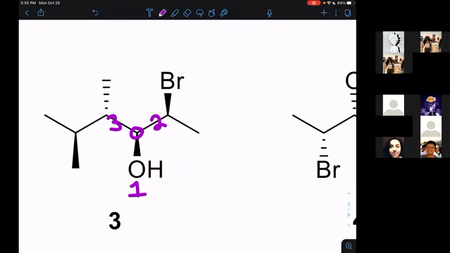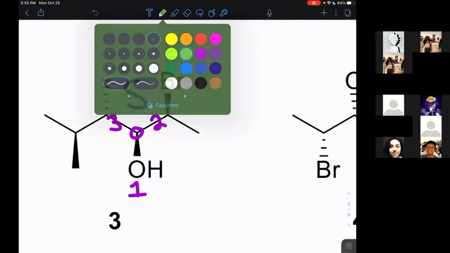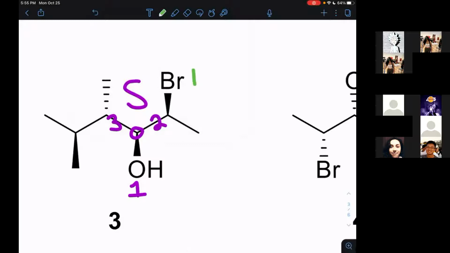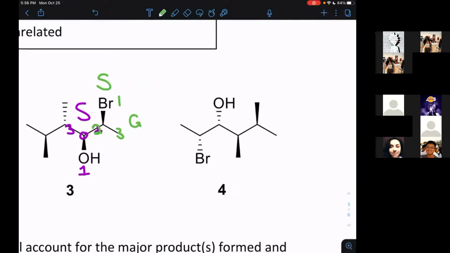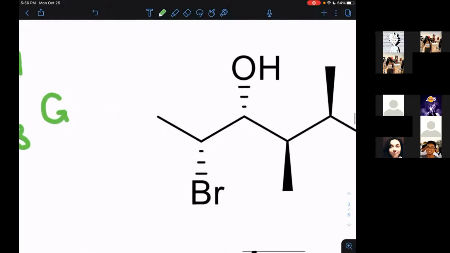So this one's S right here, and then this Br: 1, 2, and 3. Okay, so this way is also S. Yes. Okay, so there's that one.